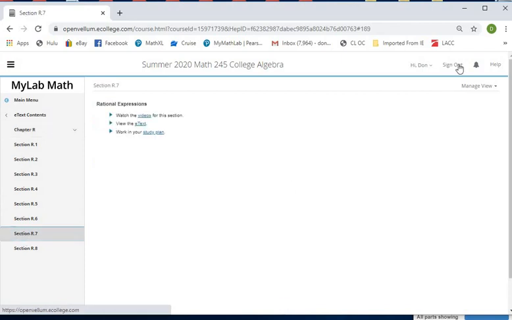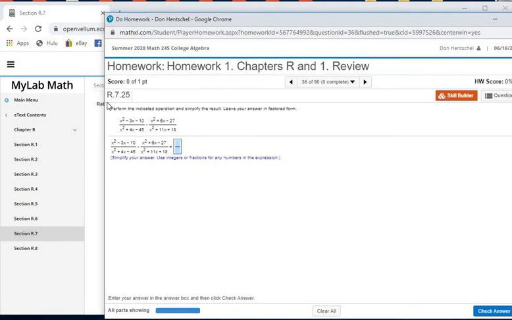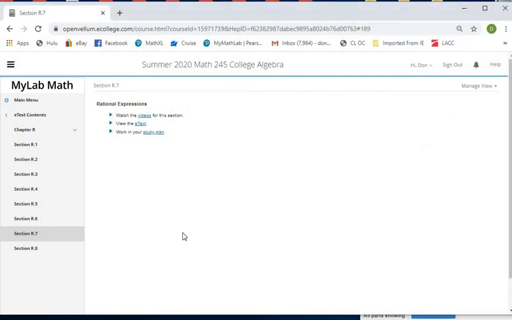See this question right here, R.7.25. 25 is the problem number, so just R7 is the section. And I'm going to go to R7 and look at the book.